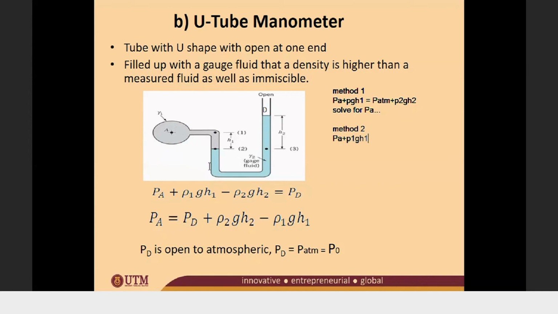This is plus, this is minus. When you go up, it's minus, because your pressure will decrease. So minus rho 2 g h2, and finally equal to P atm, or PD.